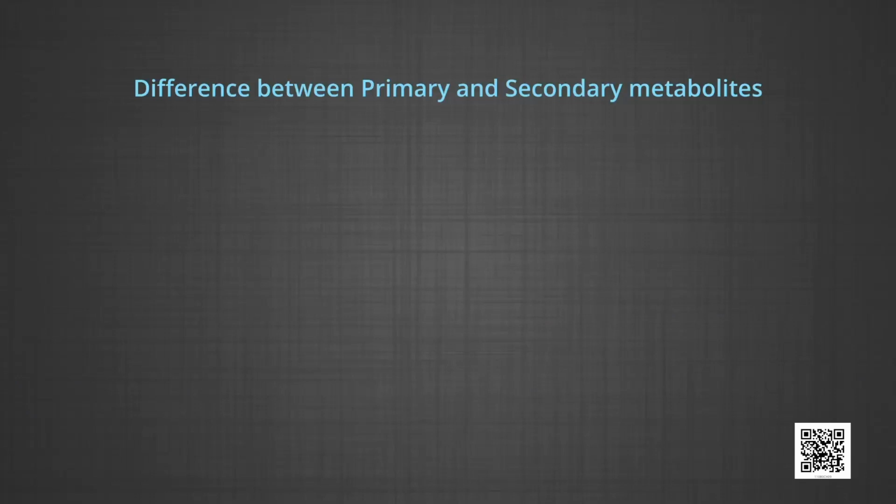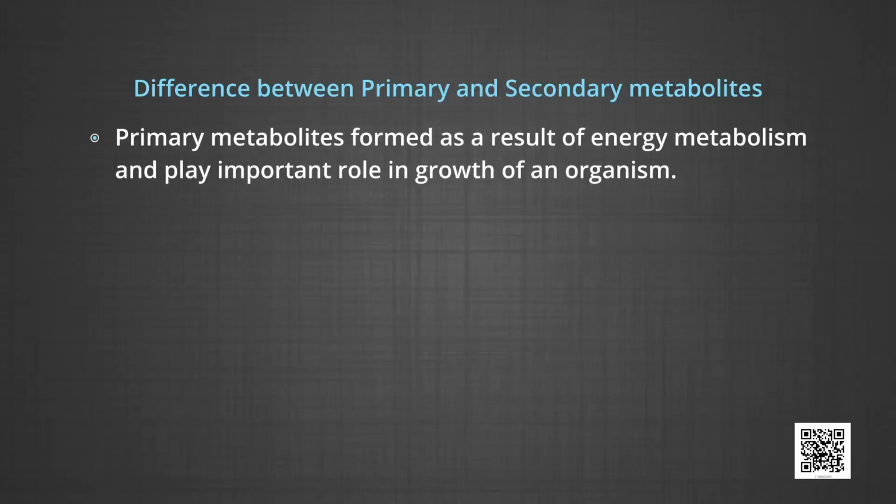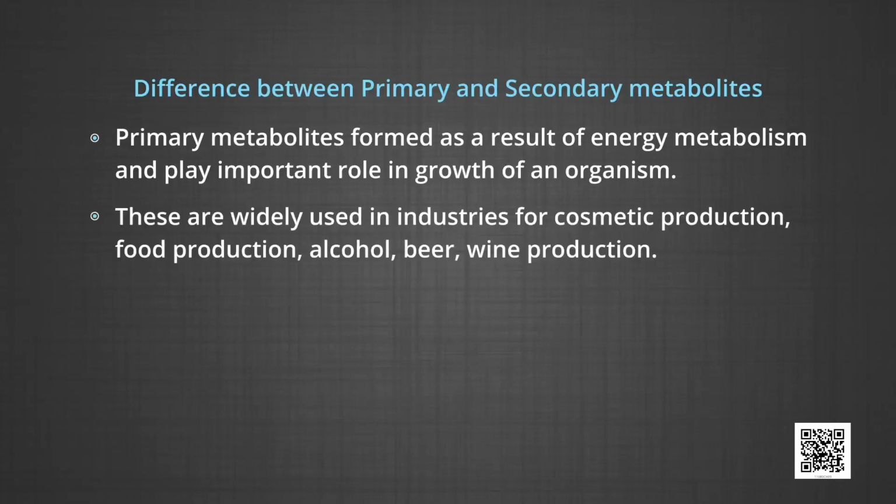The differences between primary and secondary metabolites are basically the primary metabolites are formed as a result of energy metabolism, and they play an important role in growth of an organism. These are widely used in industries for cosmetic production, food production, alcohol, beer, wine production.